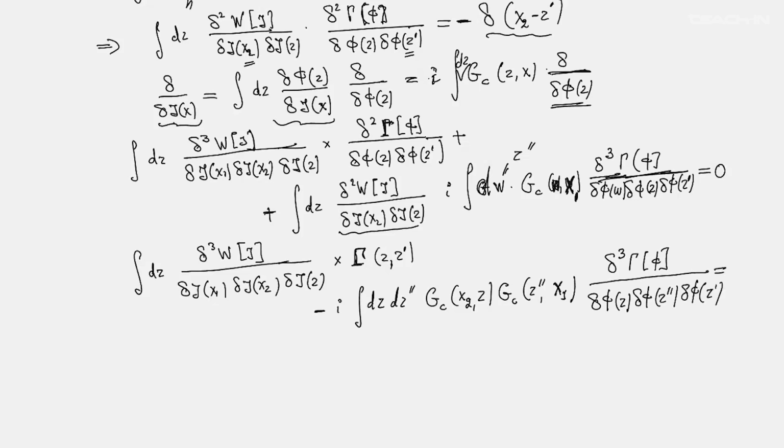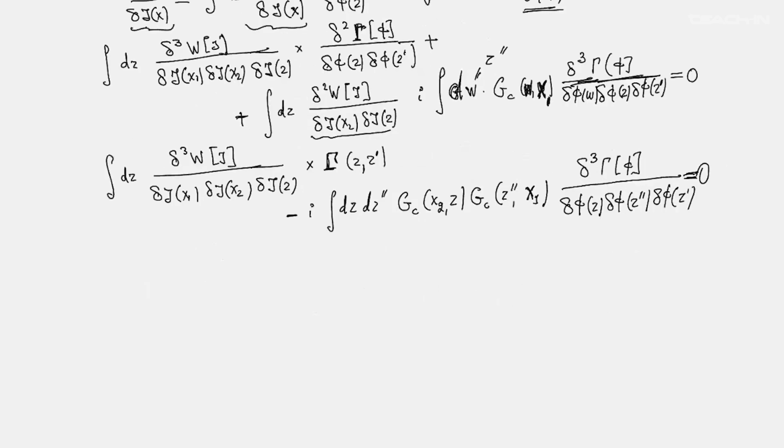And the final step consists in inverting this relation. I multiply both sides of this formula by G_C, the full propagator depending on z prime and x3. x3 is an external point, and I integrate over z prime. When this gamma meets this G_C with an integration over z prime, I know that it will produce a delta function, which replaces the point z by x3.